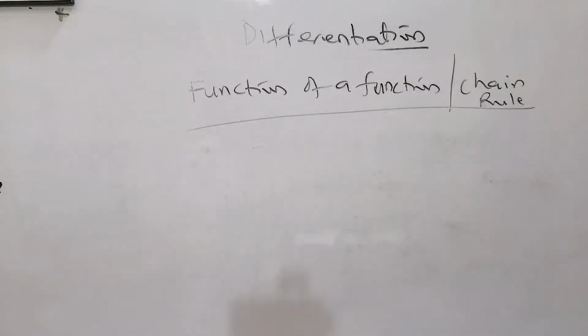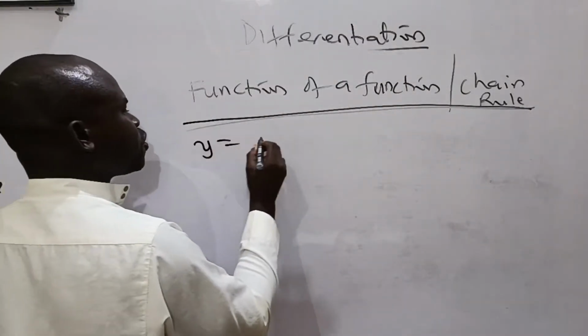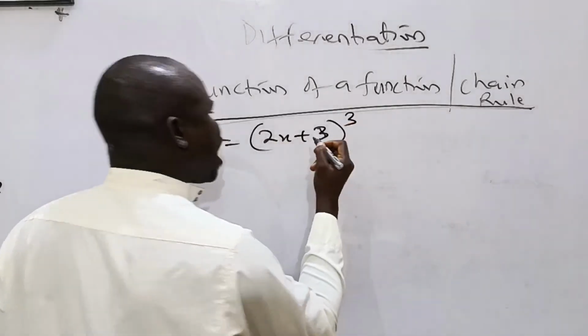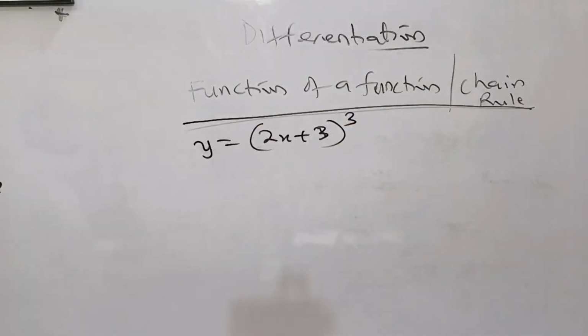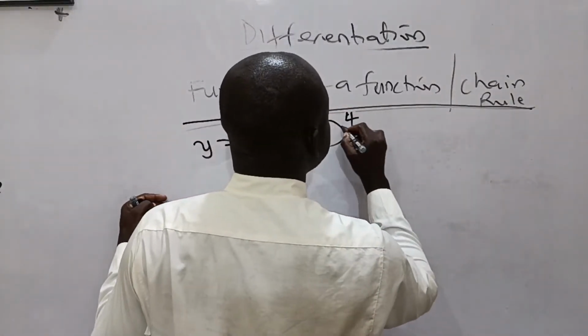If you have a problem that involves power, for instance, if you have y equal to (2x plus 3) raised to power 3, how do we differentiate this if you don't want to first expand before we get to the result? Or say raised to power 4, how do we differentiate this?